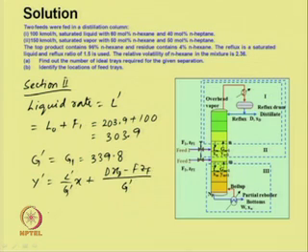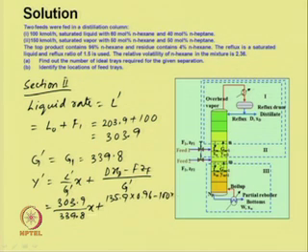So, if we substitute, it would be 303.9 divided by 339.8 x plus 135.9 into 0.96 minus 100 into 0.6 divided by 339.8.